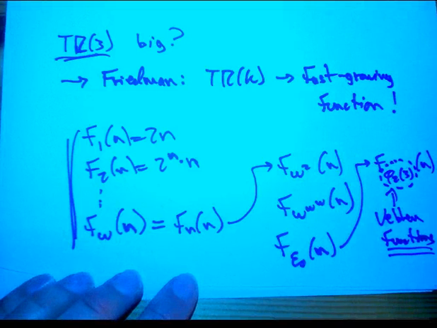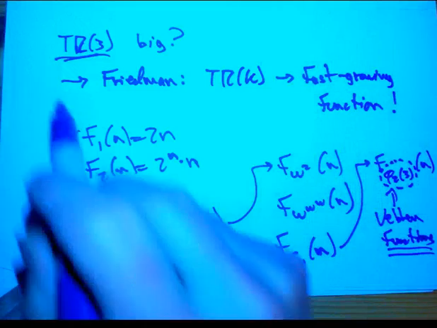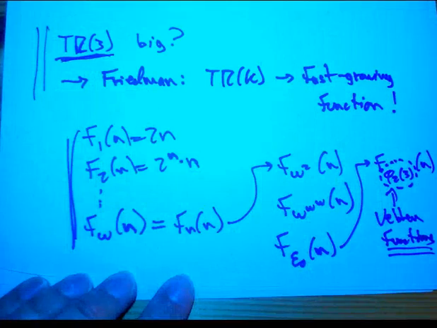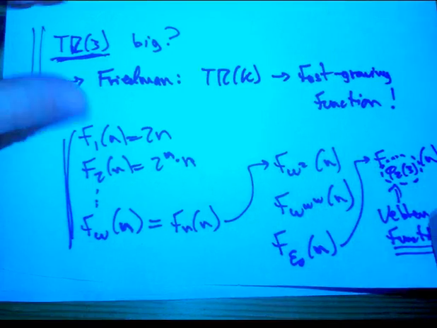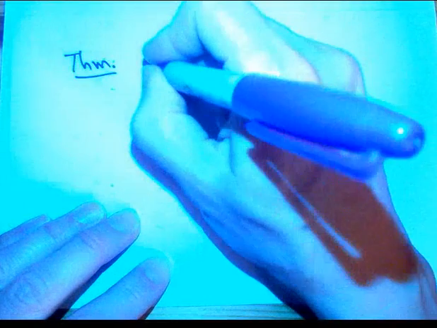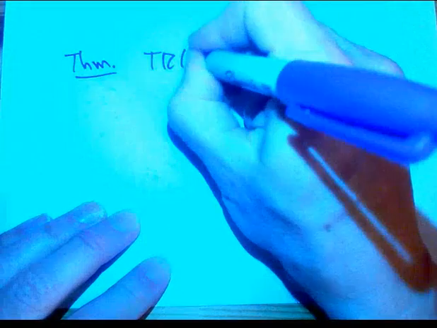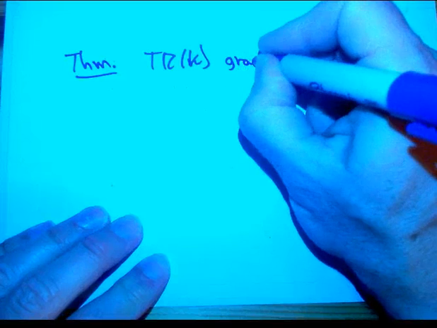Okay? The real reason I wanted to go in all these videos and talk about the tree function is that it goes beyond even that, which I find pretty amazing for the answer of a fairly simple problem. If you just get a little bit of background in graph theory and trees, you can understand the statement of this puzzle. And the claim, or the theorem, this is due to Friedman, is that TR of k grows faster.